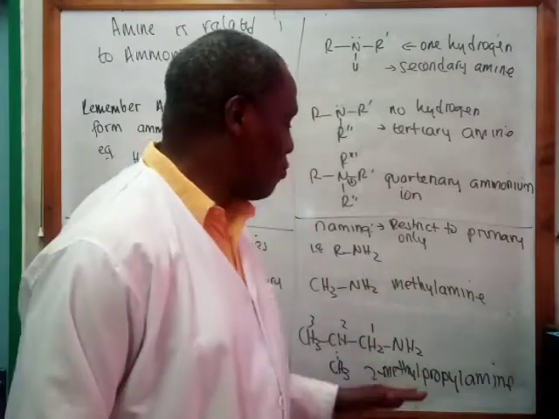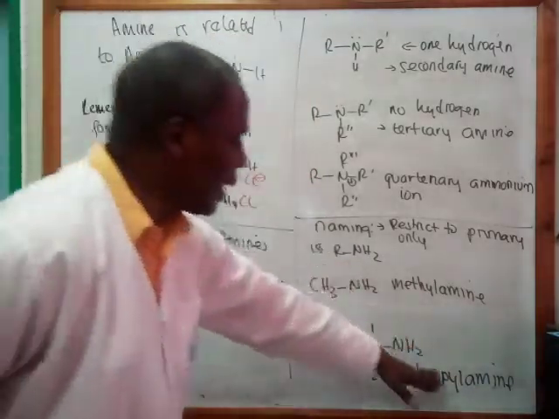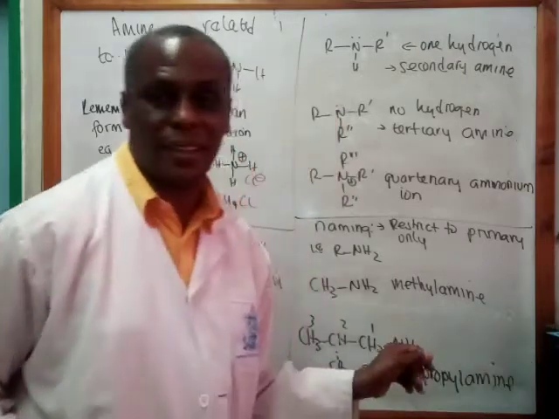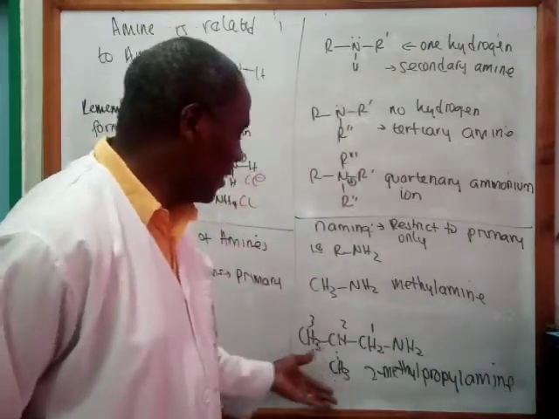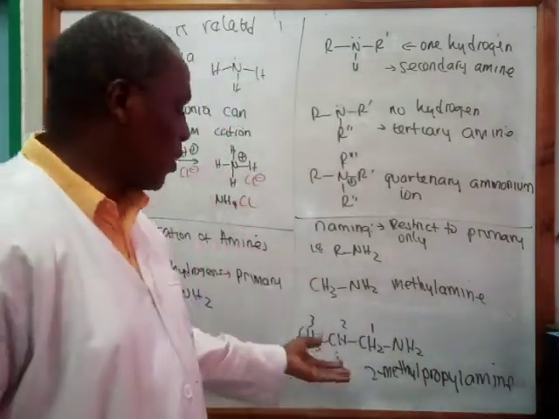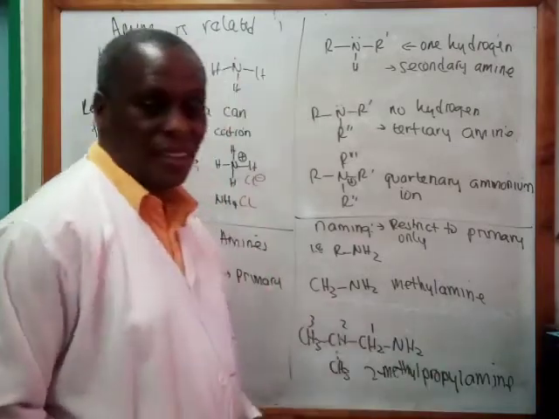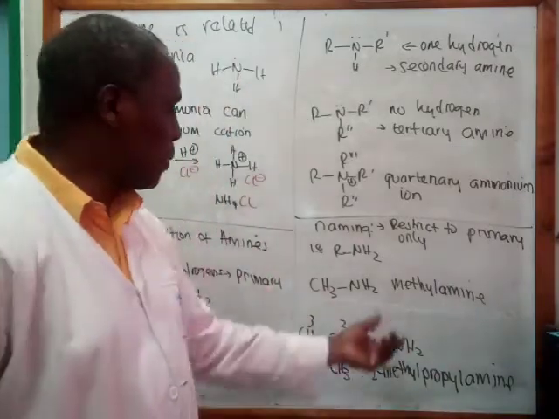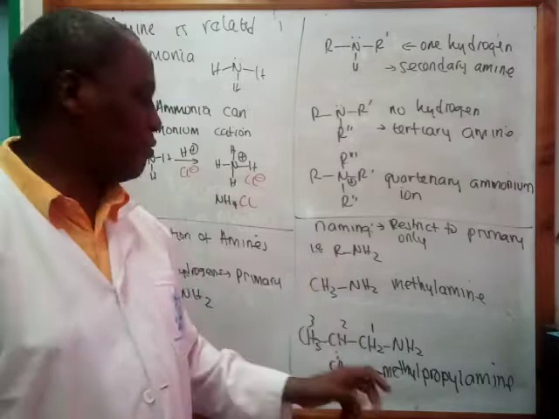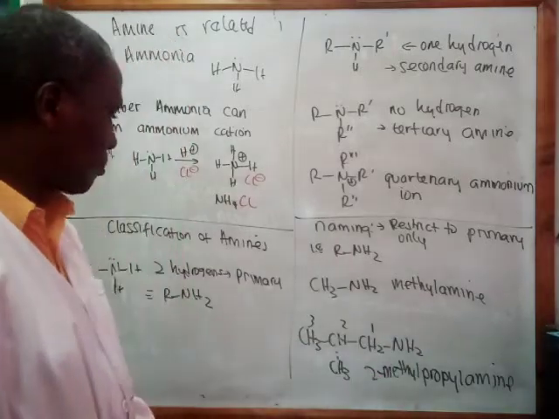So for the amines, the name will end with the word amine, and the substituents are going to be before the name amine, and it will be one word as opposed to two different names.